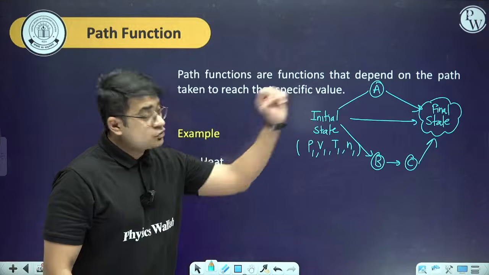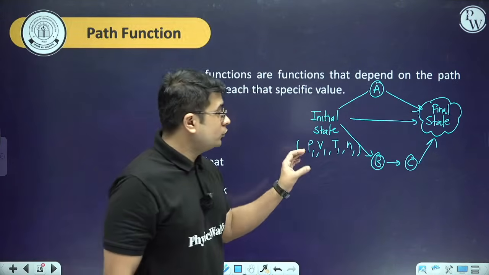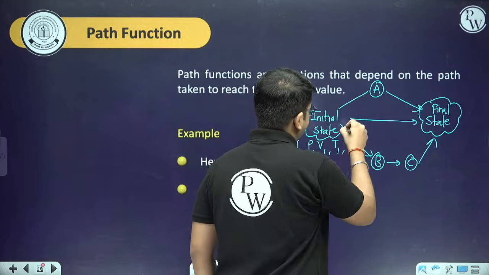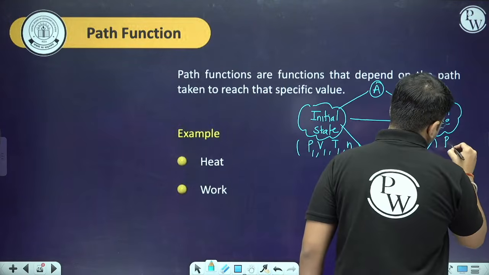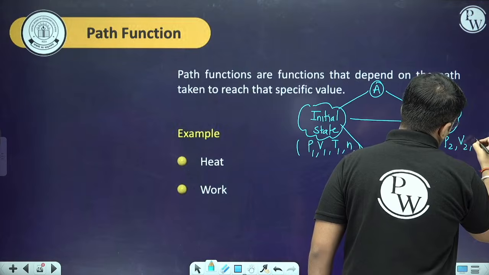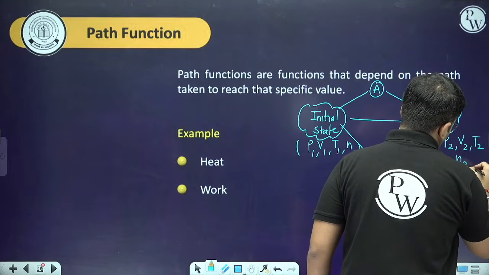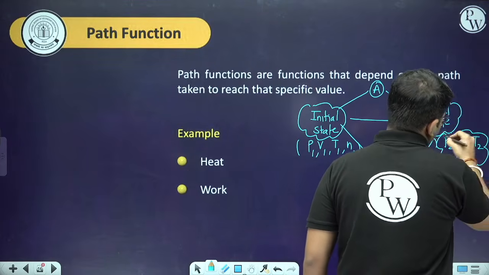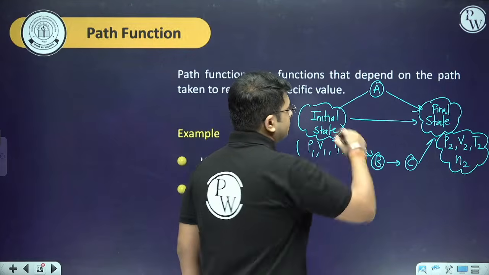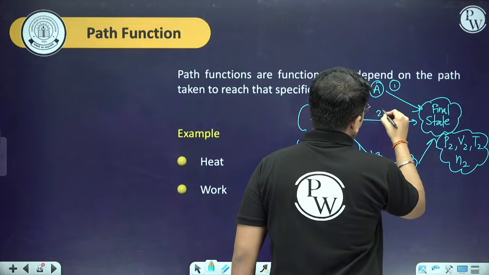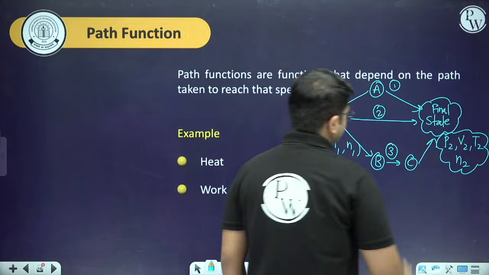Now in case of path function, whatever value I am calculating from state 1 to state 2 conversion, in this case let's say the pressure is P2, volume is V2, temperature is T2 and amount is N2. Let's say everything is changing. So there is one pathway which is the direct pathway, this is the next pathway, and this is the last pathway.